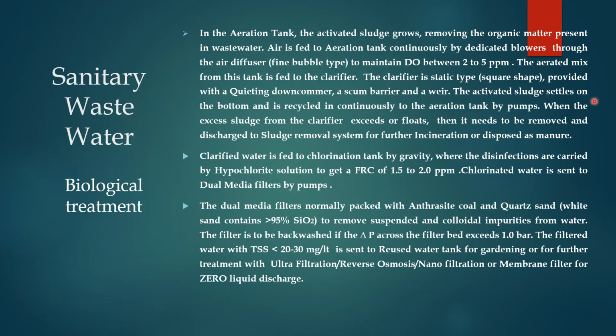The activated sludge normally settles at the bottom, and it is recycled continuously to the aeration tank by means of pumps to maintain the activated sludge. If the DO is maintained exactly between 2 to 5, organic matter and bacteria are decomposed to form activated sludge, the activated sludge is recycled, and the sludge settles in the clarifier due to the arrangement in the clarifier tank.